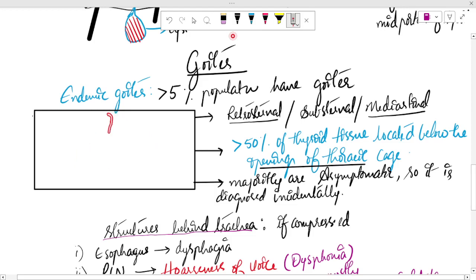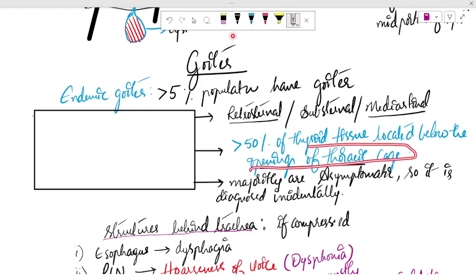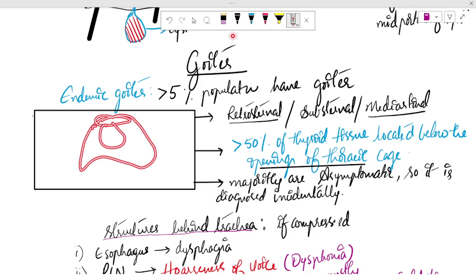If more than 50% of the thyroid tissue is located below the opening of the thoracic cage, see this is the thoracic cage, then that can be explained as a retrosternal goiter.